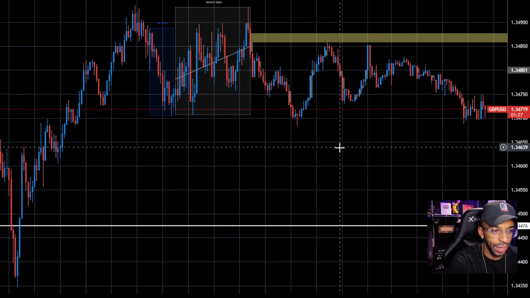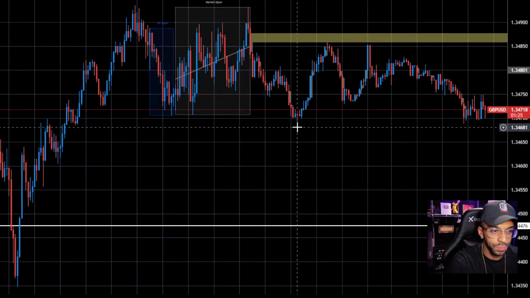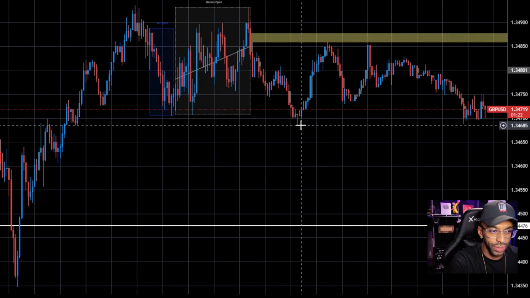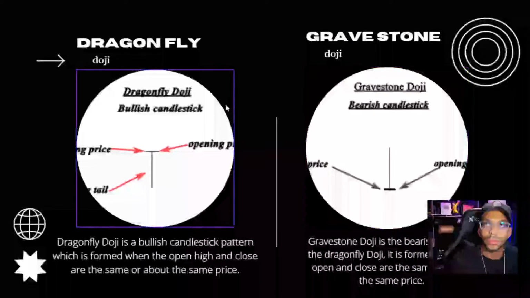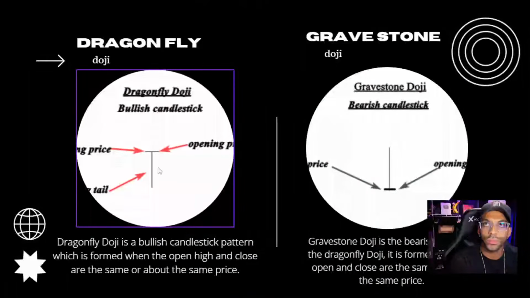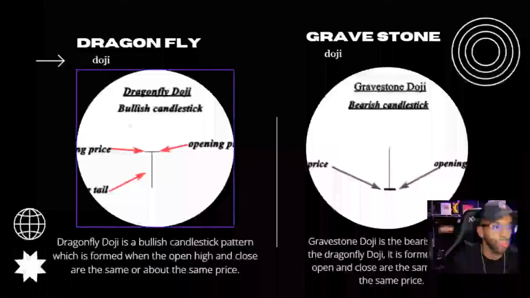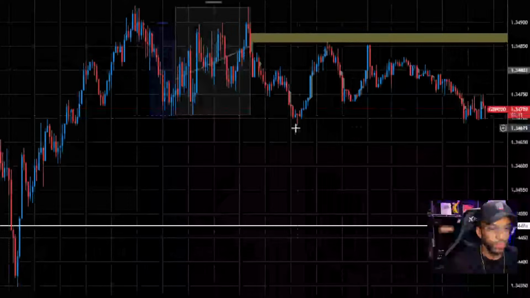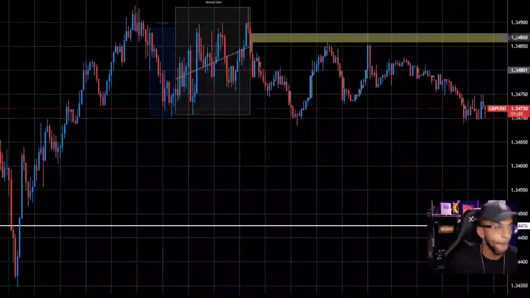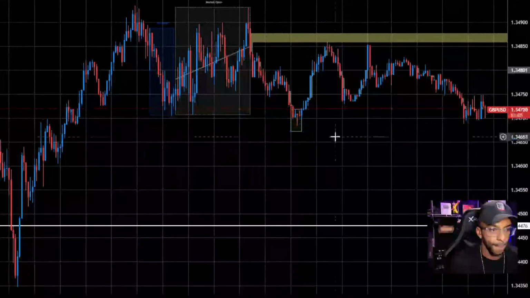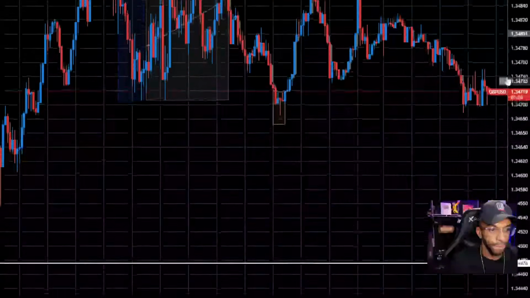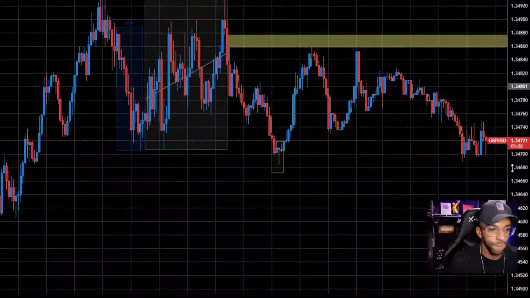What I would like to see are back-to-back examples, right? So here's one of those examples. As you guys can see, dragonfly. See dragonfly? Right here. All right.